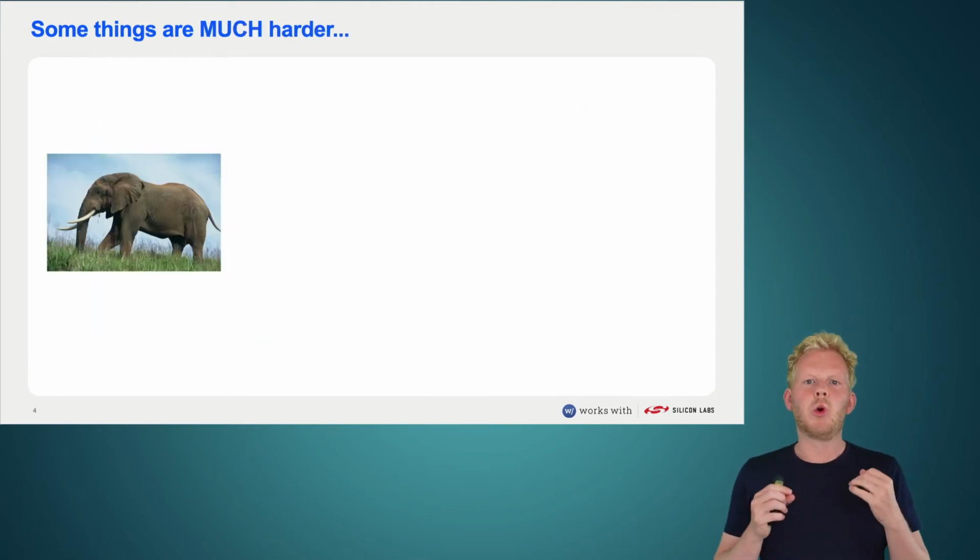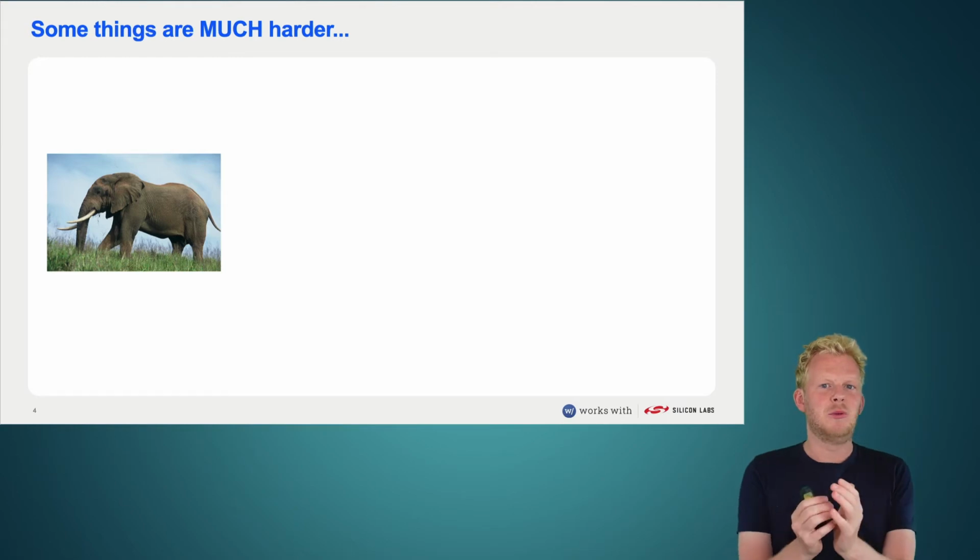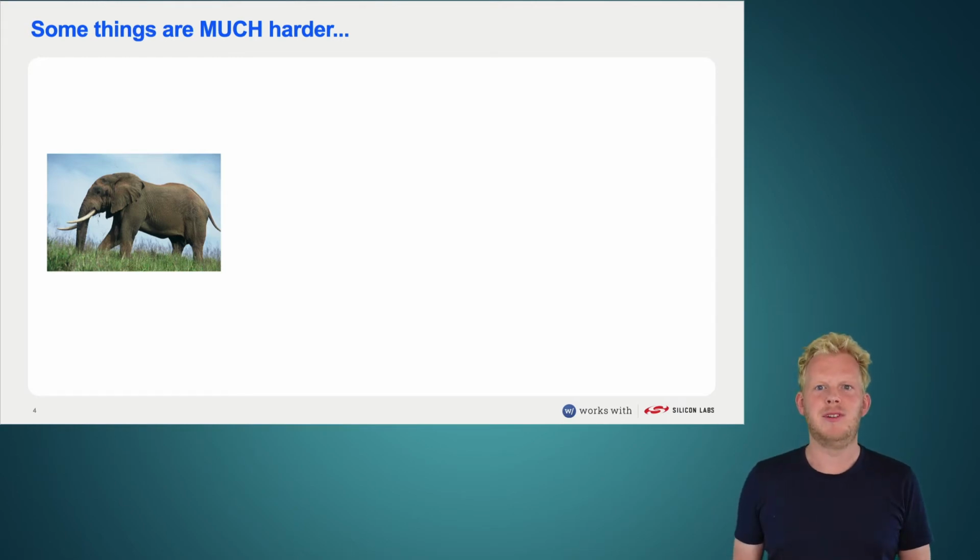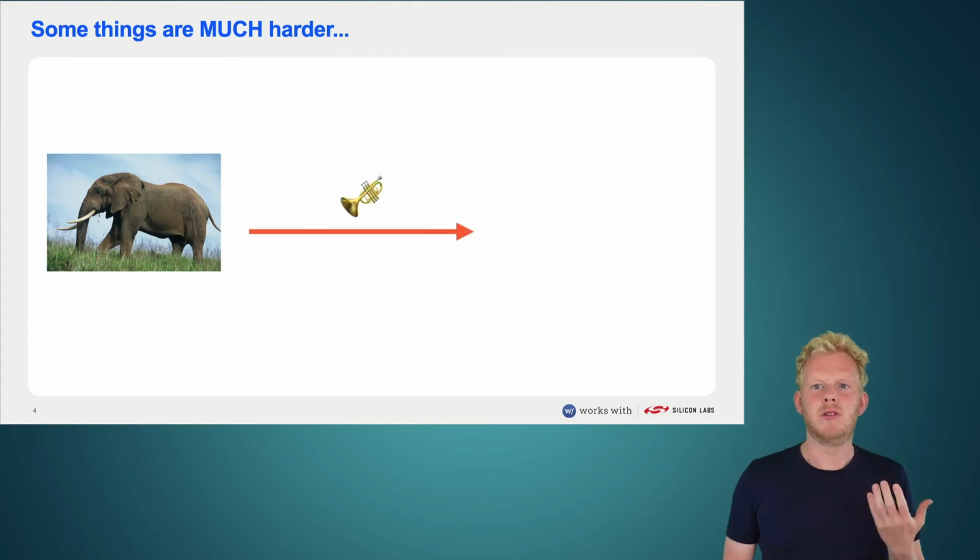There's a whole world all around us where much more interesting things are happening, that you can't just buy a sensor for. For example, if I want to detect whether an elephant is nearby, I can't go to DigiKey and buy an is-there-an-elephant-nearby sensor and connect it to my dev board. But as a human, it's relatively easy to detect if I hear an elephant. I can just listen for the trumpet sound.